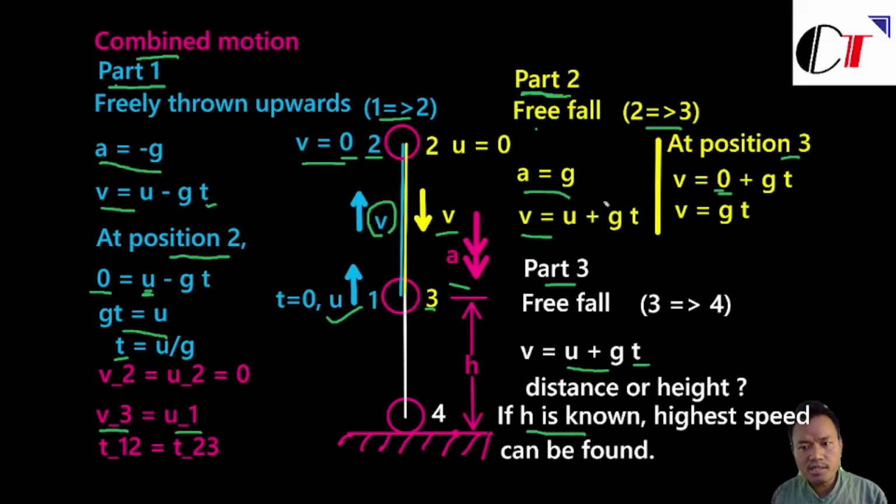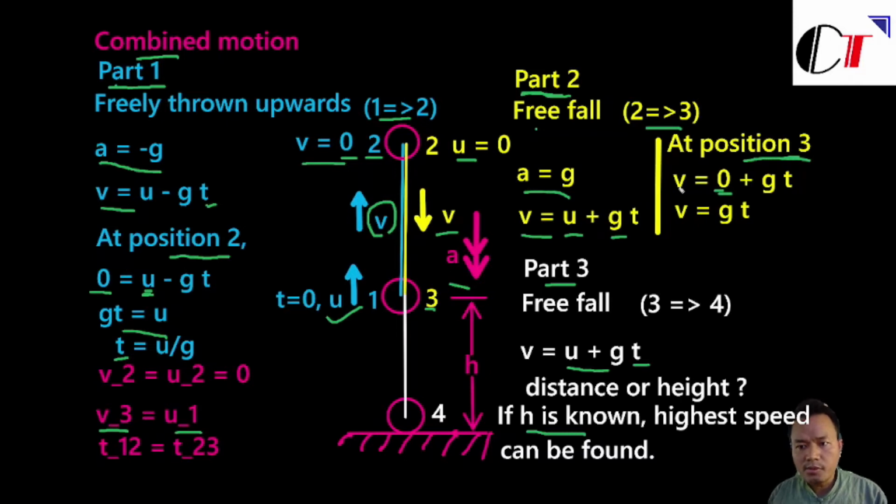And of course, you can easily see the speed is increasing because the slope is positive. So the final speed at maximum height from the freely thrown upwards motion will be the initial speed, again, at position 2 for the free falling motion. So your initial speed u will be just 0. And so you want to find the speed at position 3.